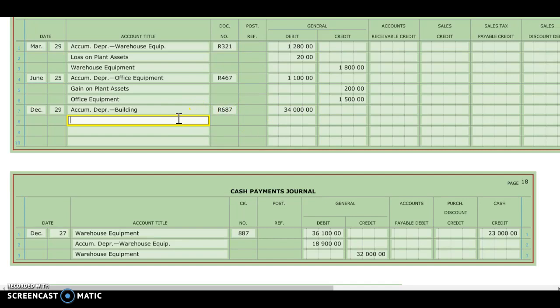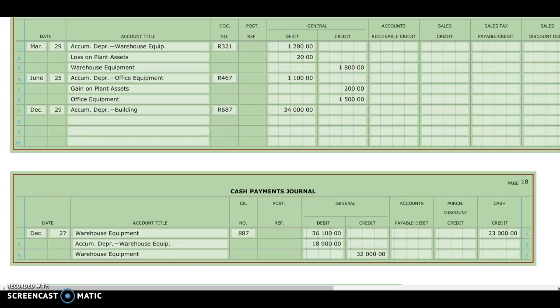Okay, then I need to figure out if I have a gain or if I have a loss. So I'm going to look at my ending book value for my building. So my ending book value for my building was 109,000. I also need to look at my book value of my land. Now, since land doesn't depreciate, it's just going to be the original cost, which was 75,000. So I'm going to add that to my book value of my building.